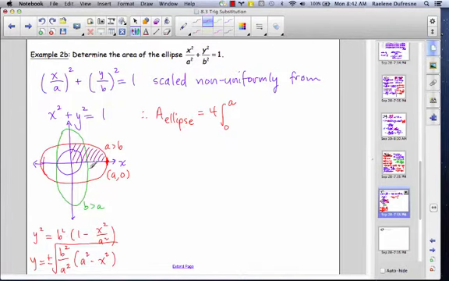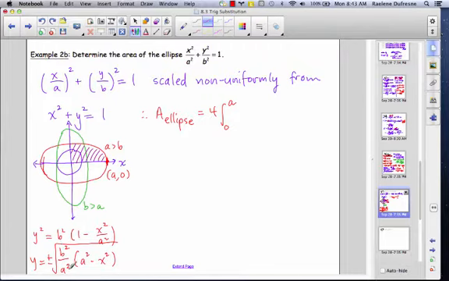A and b are both positive numbers. Even if they weren't, after squaring they would be, and we're just talking about a horizontal scaling and a vertical scaling. If a and b, or only one of them, were negative, it would mean that we have a horizontal or a vertical reflection, which, because of the even symmetry of all three of these quadratic relations, the circle, the green ellipse, or the red ellipse, it doesn't matter if there's a reflection involved because of the even symmetry, the mirror image about the y-axis.